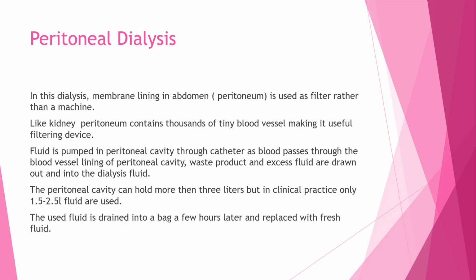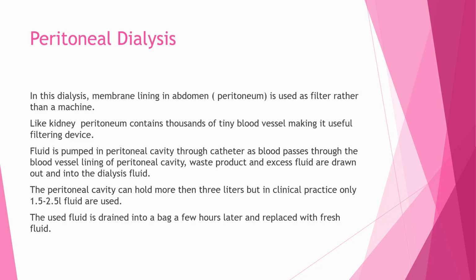Peritoneal dialysis. In this dialysis, the membrane lining the abdomen, that is the peritoneum, is used as a filter rather than a machine. Like the kidney, the peritoneum contains thousands of tiny blood vessels, making it a useful filtering device. Fluid is pumped into the peritoneal cavity through a catheter as blood passes through the blood vessels lining the peritoneal cavity.